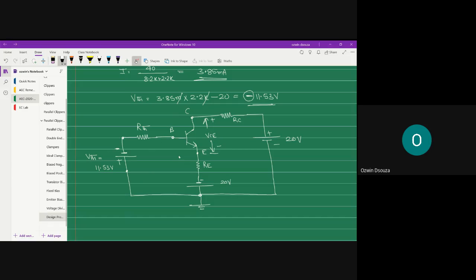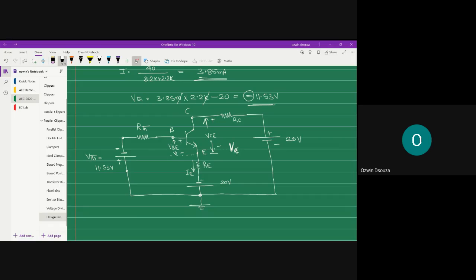And this voltage between base and emitter is VB. Let's mark with the conventional notation, upper side positive and lower side negative. And through RE current IE flows, that you also mark. On the output side you can also mark the required voltage.